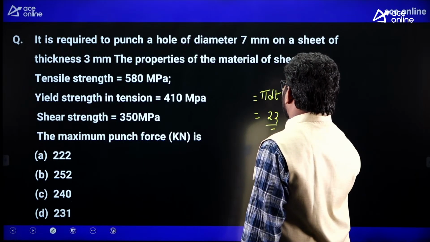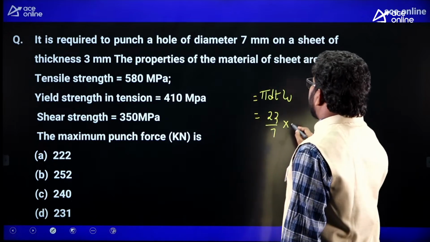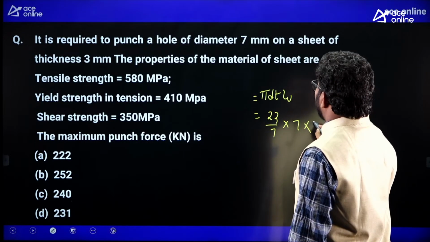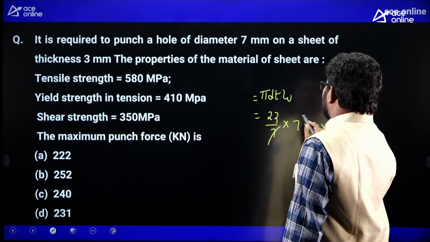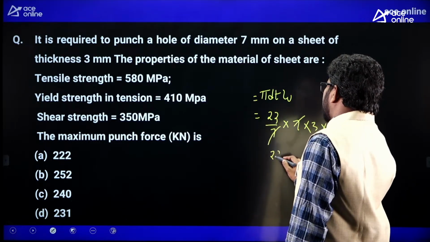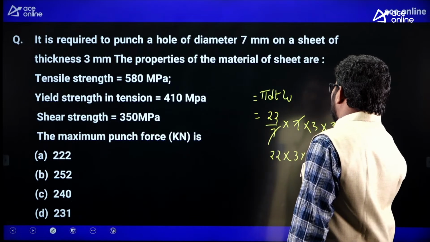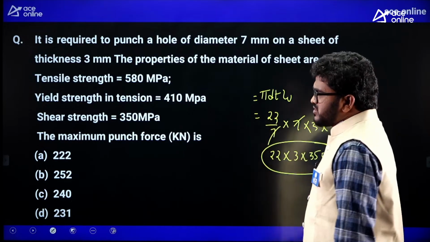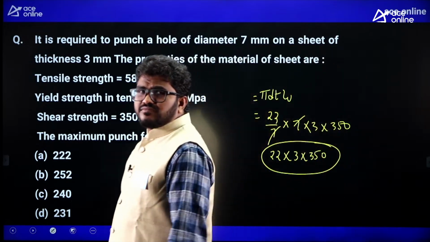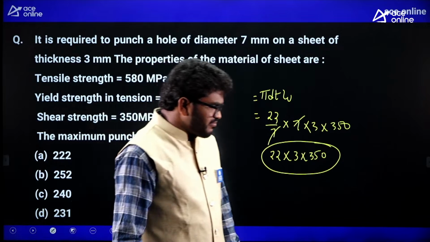Here 22 by 7, diameter 7, thickness 3, and shear strength 350. The 7 cancels out, so multiplying 22 into 3 into 350 you will get the answer in kilonewtons. You will get D as the answer.